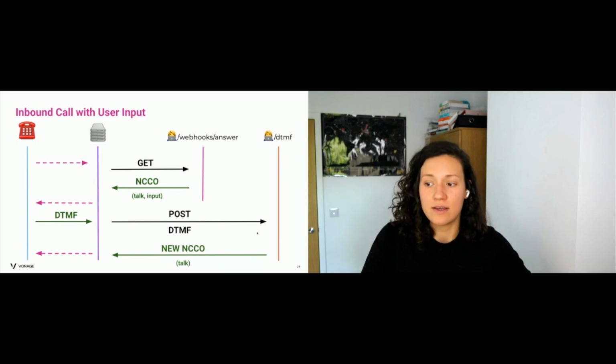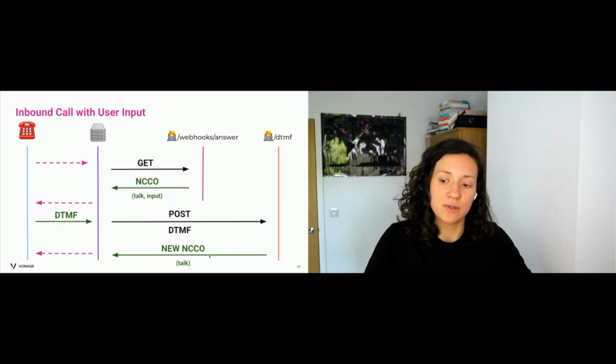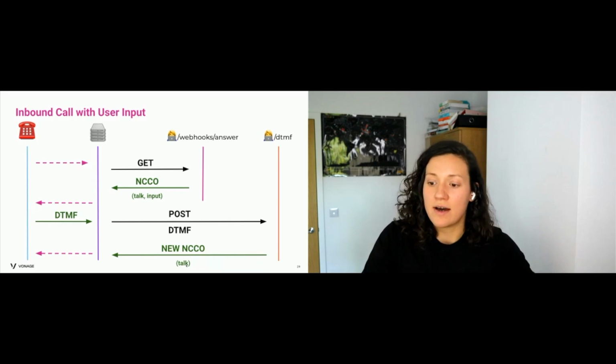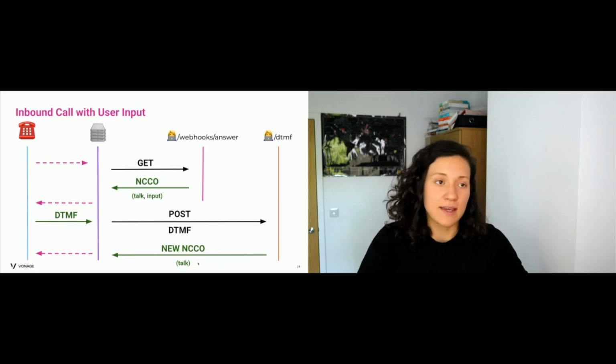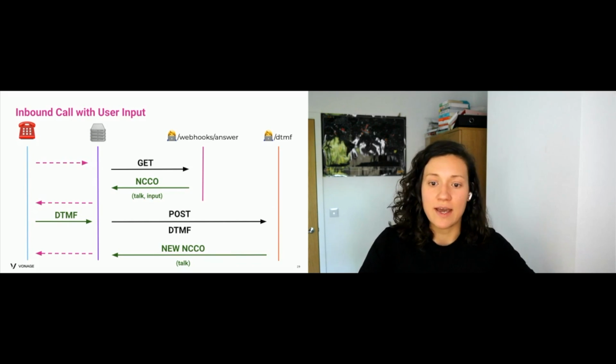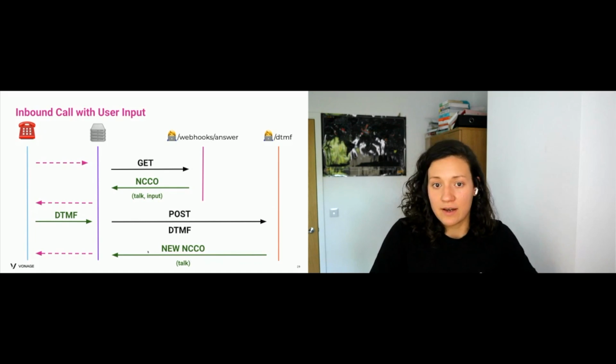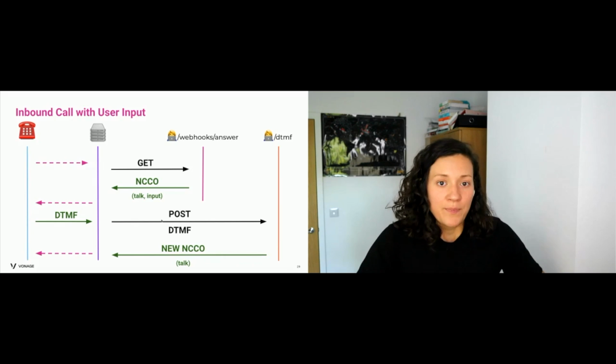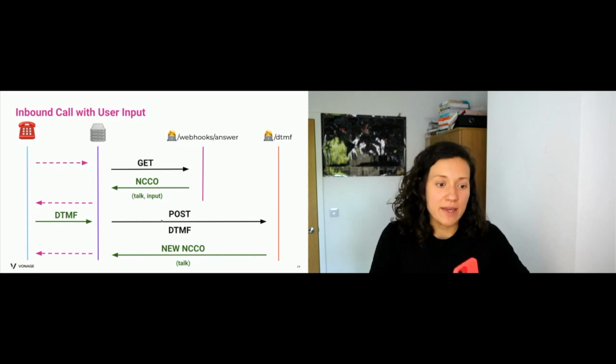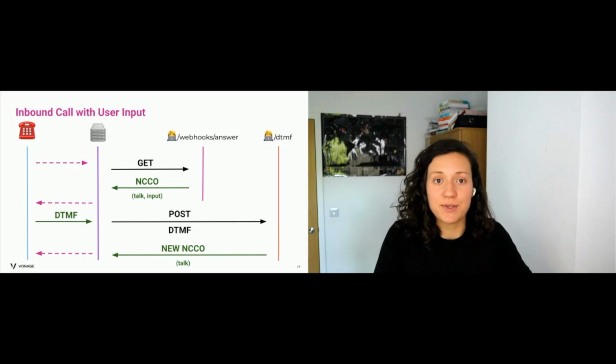And in here, we will respond with a new NCCO that is, in this case, a talk action where we'll have Vonage read out the digit the user pressed. So, for example, I am making this call. I press a digit.